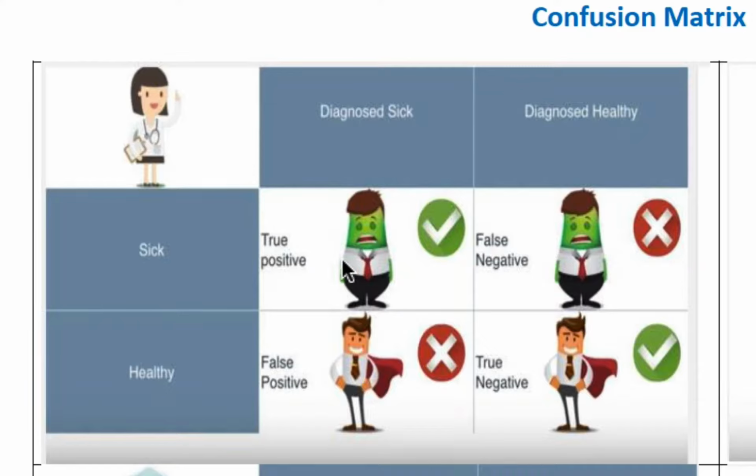True positive means that the person is really sick and your model diagnosed as sick too. True negative is when the person is healthy and your model predicted as healthy too. False positive is when the person is healthy and was diagnosed sick. And false negative is when the person is sick and was diagnosed as healthy.